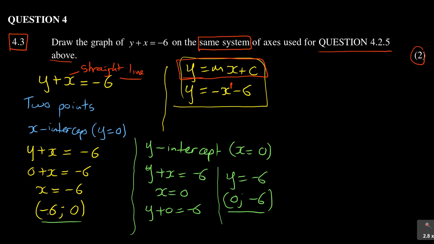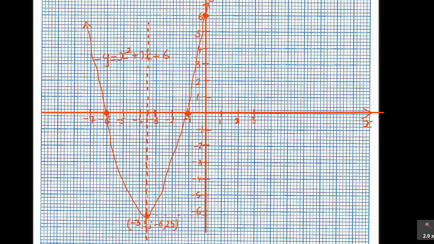So if you plot these points, minus 6, 0 and 0, minus 6, on the previous axis, when x is equal to minus 6, as we said, y becomes 0. I can have, in this case, a similar point just there, or look for a different marker, but it might not be clear.